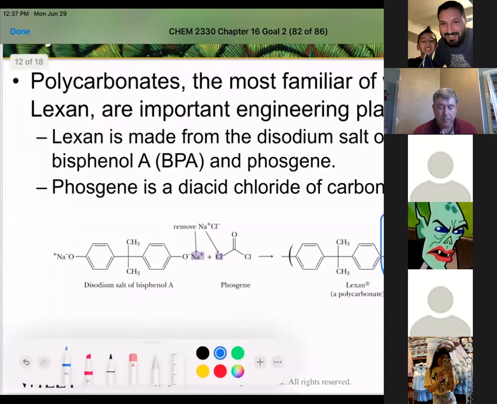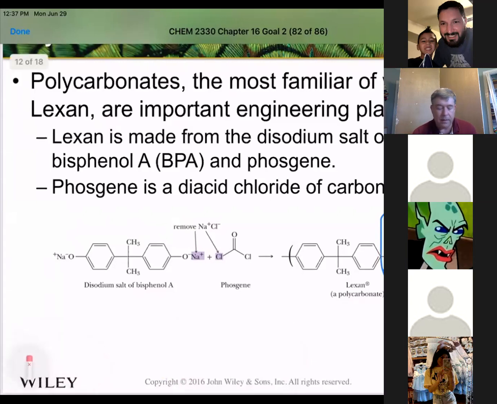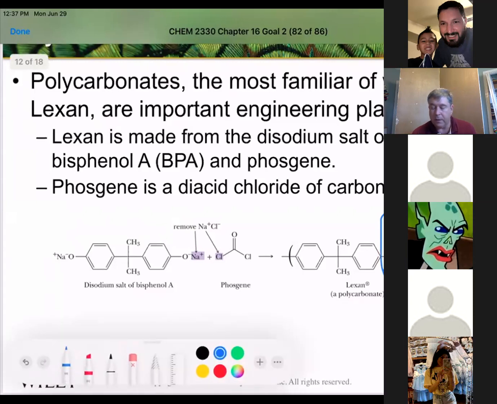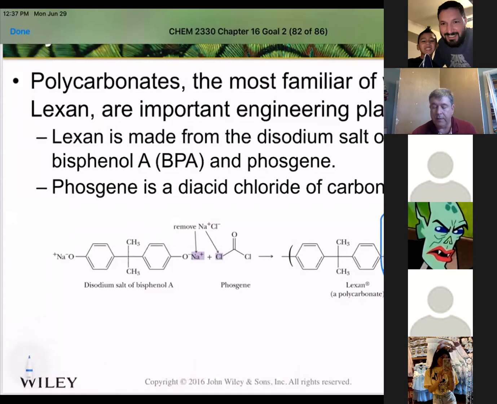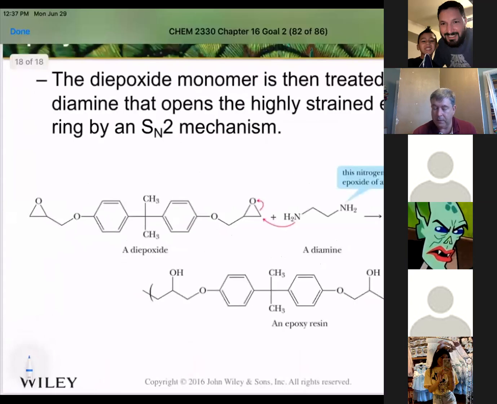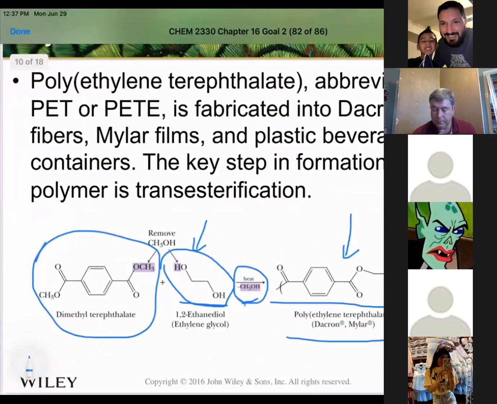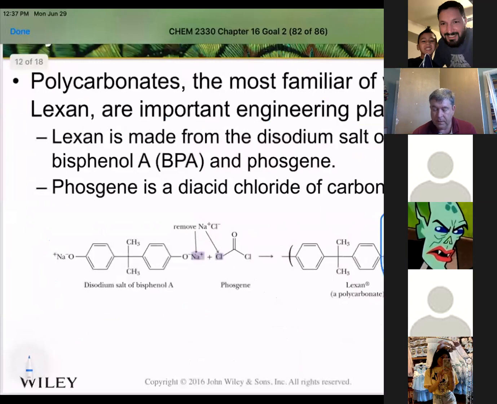But because we have an oxygen on the other side, it is now our new functional group. So we have an oxygen, carbonyl, and then another oxygen. That brings us what we call a carbonate. It's a derivative of a carboxylic acid.